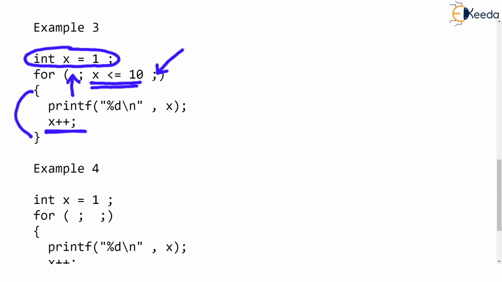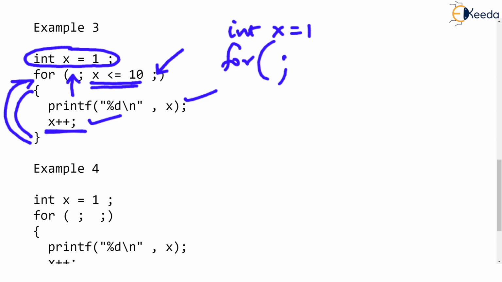Just check that after printing the value of x, it will do x plus plus and then it will go back to the for. I'll write this again over here for no initialization because we had already written x equal to 1. And what we are doing is within the body of the for, within the braces, we are increasing x.